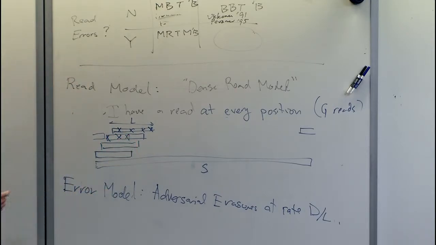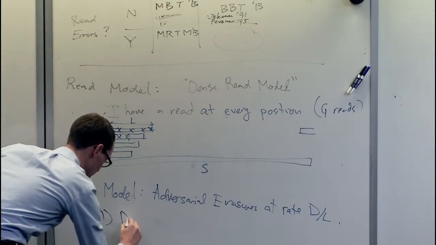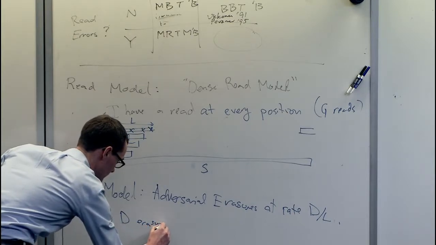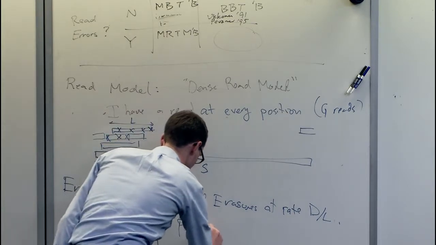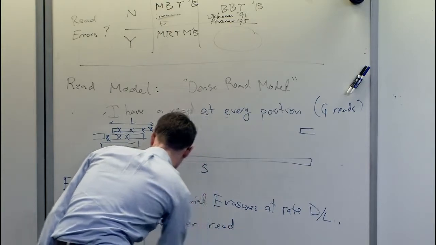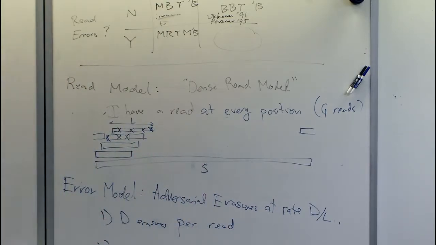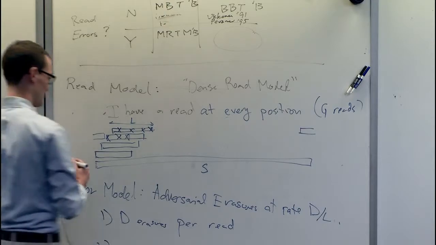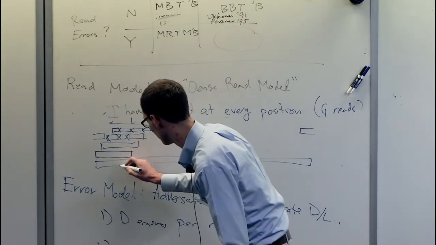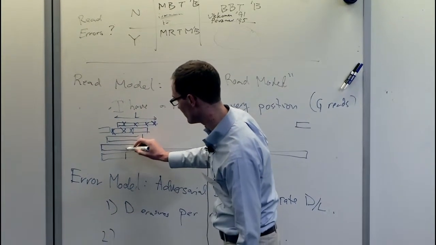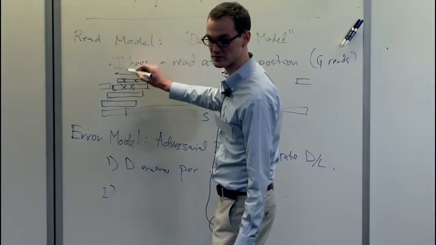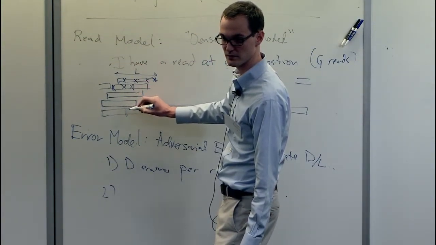Something like this. So D erasures per read. And then there's another constraint here, which is if I look and I have a read at every single position, how many reads cover a single base in this underlying sequence?